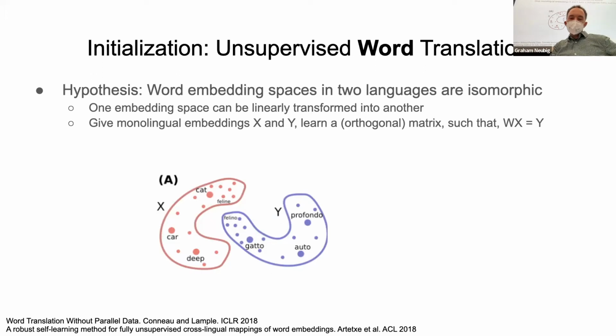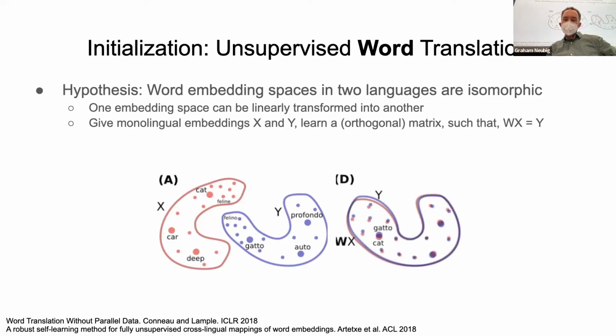And then we learn a mapping between them, like an orthogonal matrix transformation, Wx equals Y, maybe with some constraints, like W is orthogonal, which basically makes the mapping bijective, so you can mutually map between one embedding space and another embedding space.